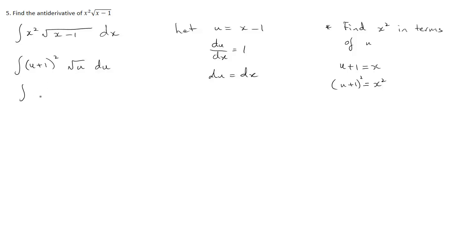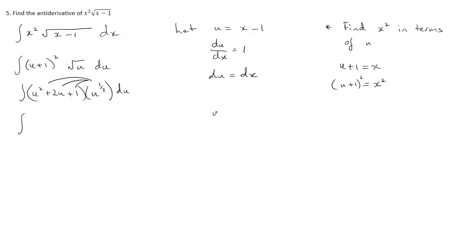And now what I'm going to do is just expand that bracket and multiply it by u to the power of a half, which is the equivalent of square root of u. Now, we're going to be expanding that out, just using the normal good old FOIL method there.